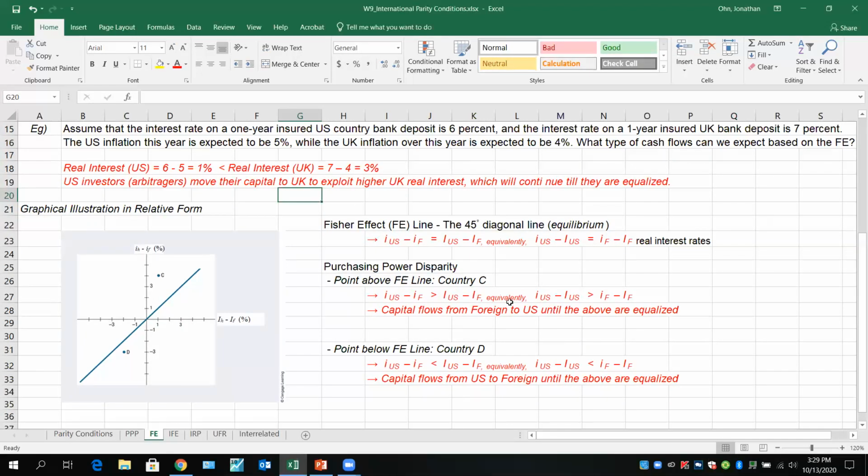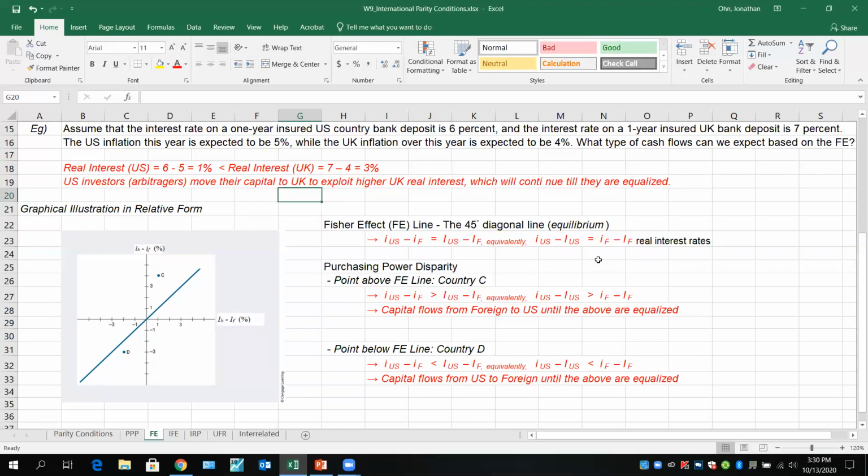That means, equivalently, the US real interest is higher than the foreign real interest. So what happens? Arbitrageurs will move their capital from the foreign country into the US until the above are equalized. That's what happens based on the Fisher effect.